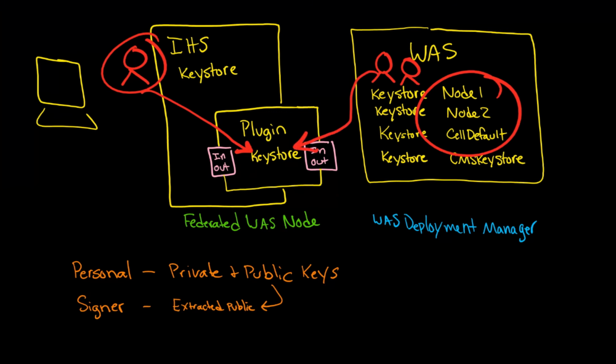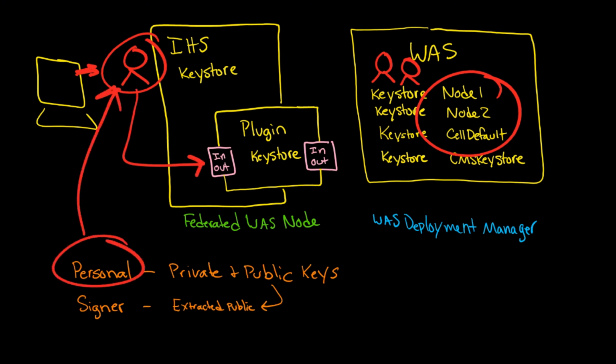The reason for that is because, as I've drawn here with the in and the out, the server, in the case of IHS, must encrypt and decrypt information from the client here, and it needs a private key to do that. But the public key is what the plugin needs. So again, we're talking about the personal key here for IHS, but you extract it, you get the signer, and of course the signer needs to be in that plugin, and that is the signer from IHS.